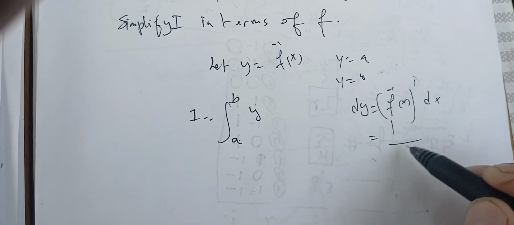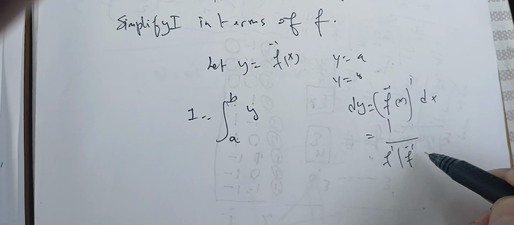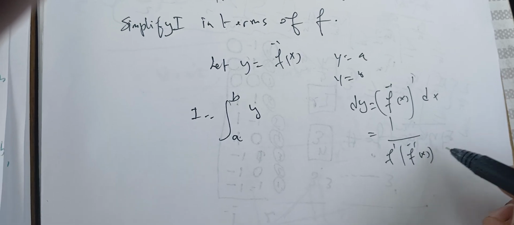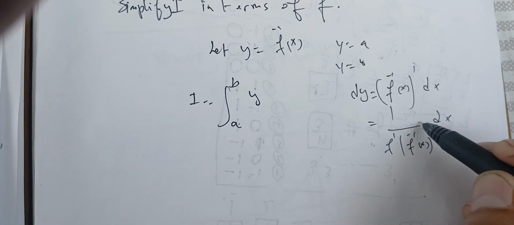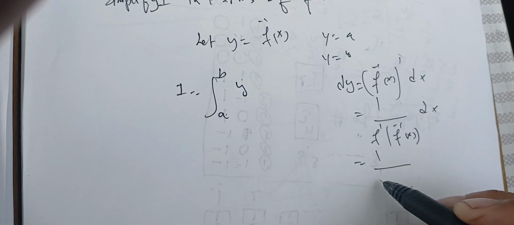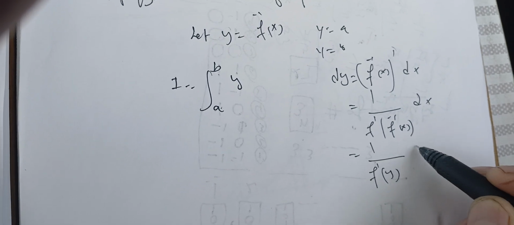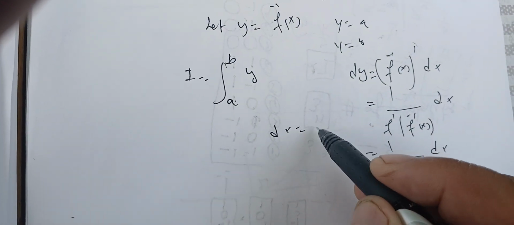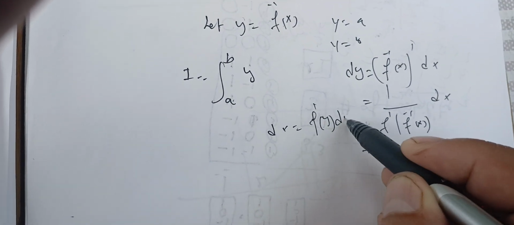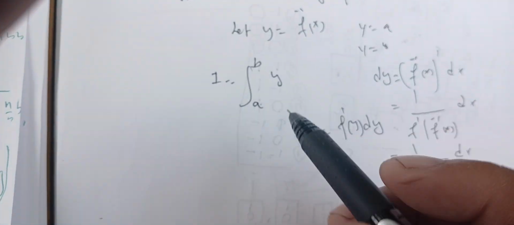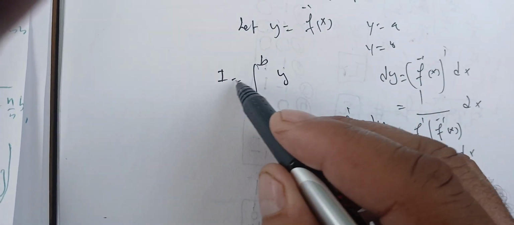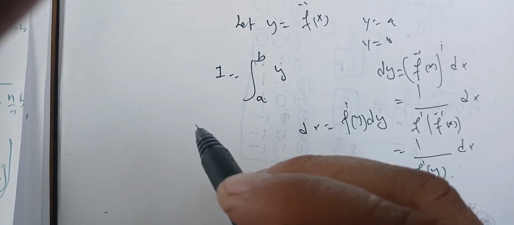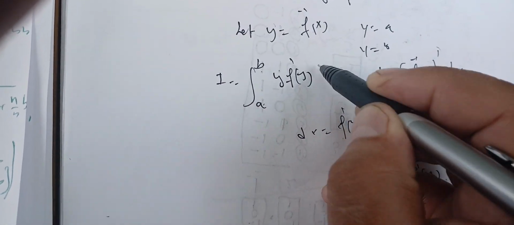It's going to be 1 over f prime of f inverse of f(x) times dx, and this is just 1 over f prime of y dx. Therefore, dx is just f prime of y dy. If we plug it here, I is going to be the integral between a and b of y f prime of y dy.